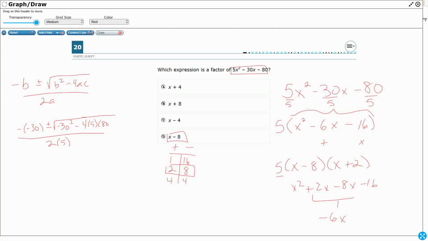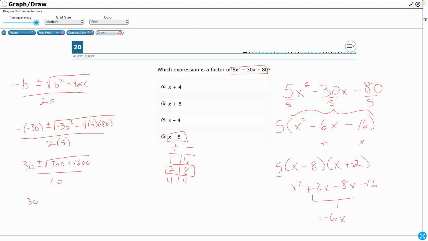Okay, so let's simplify. This is going to be 30 plus or minus the square root of negative 30 squared, which is 900, and this is going to be a positive. And then 4 times 5 is 20. 20 times 80 is going to be 1600, over 10.